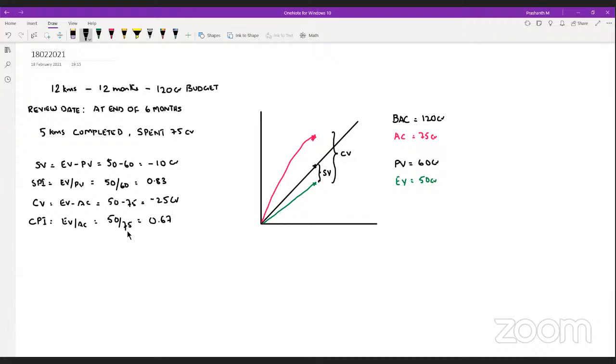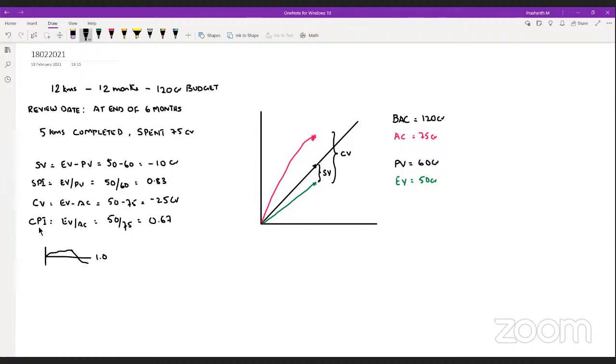Make sense? Yes, sir. So ideally, SPI and CPI should be how much? Should be 1, if everything goes as per plan. Anything that goes above the plan is called? Ahead of plan. You are doing good, ahead of schedule. And anything that goes below the plan is behind schedule.